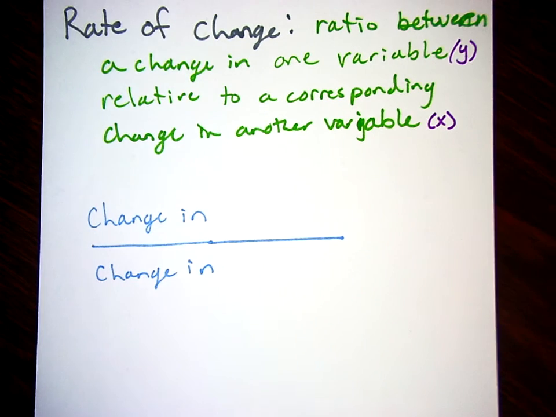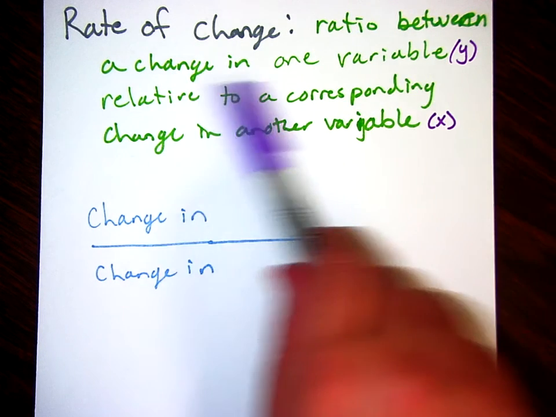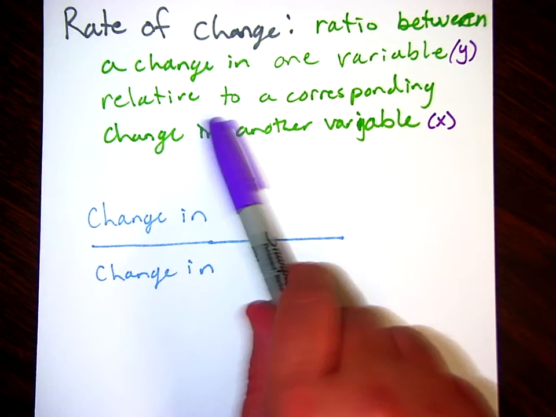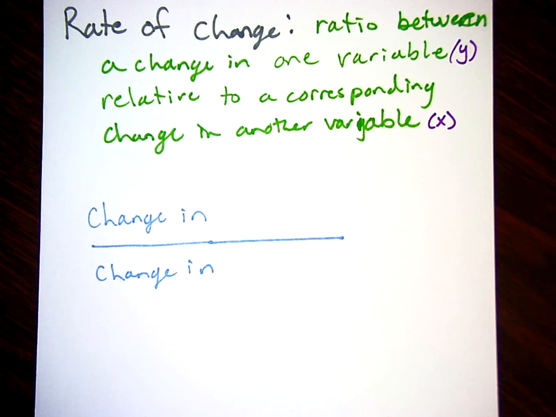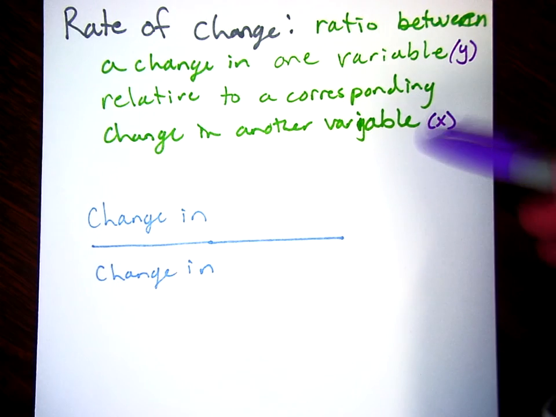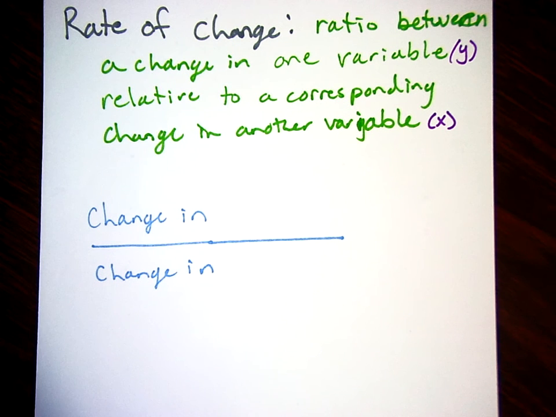In order to understand this, we really need to talk about the definition of rate of change first. Rate of change is the ratio between a change in one variable, y, relative to a corresponding change in the other variable, x. So it's a ratio of the change in y for every change in x.